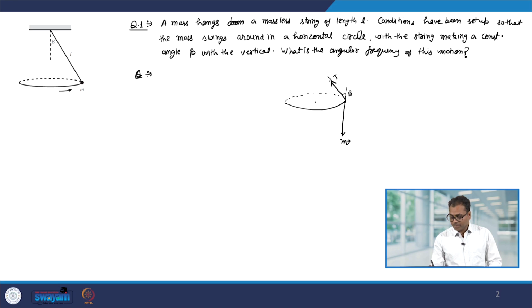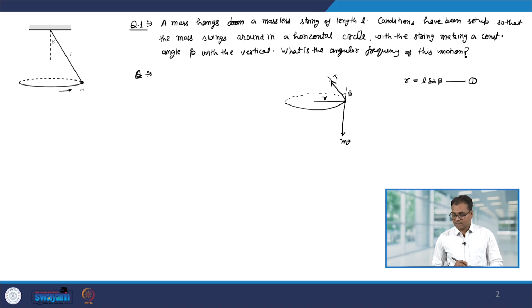Now, the relation between the radius of the horizontal circle and the length of the string L can be found from the geometry. So, you can see that R is equal to L sin beta. Let us call it equation number 1.